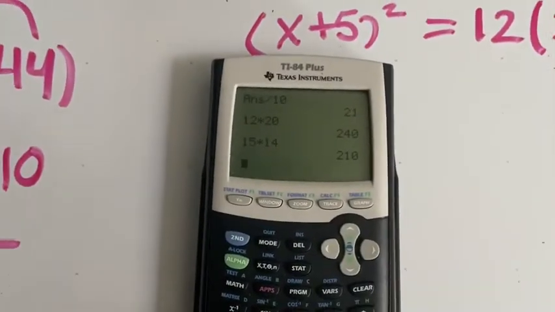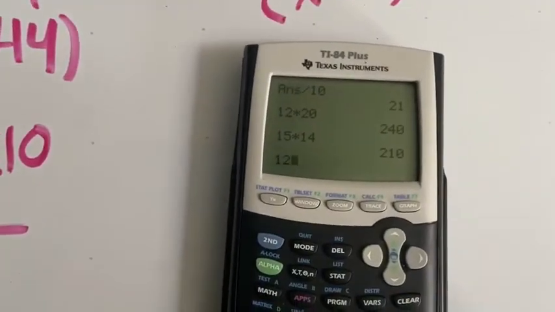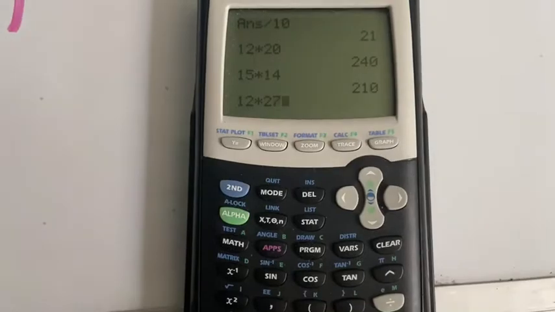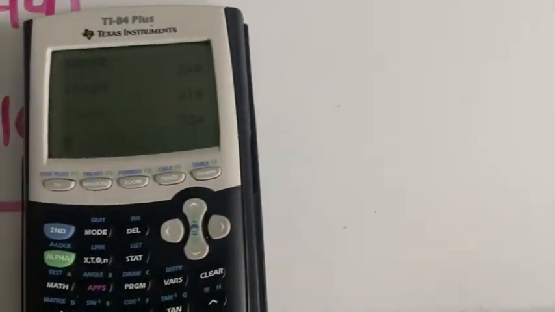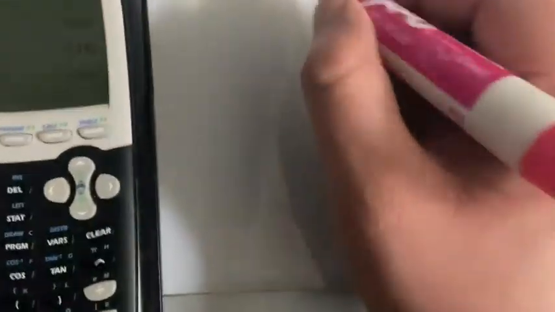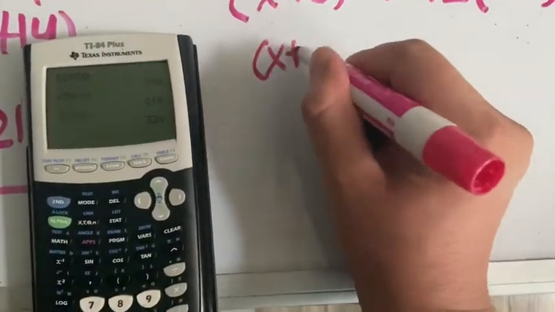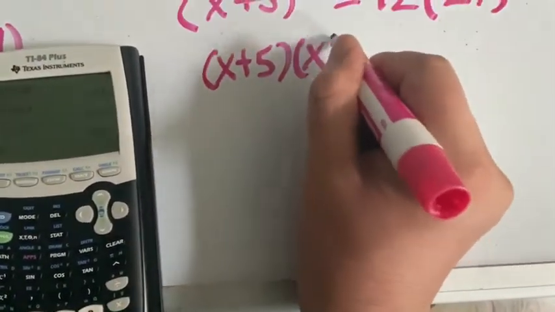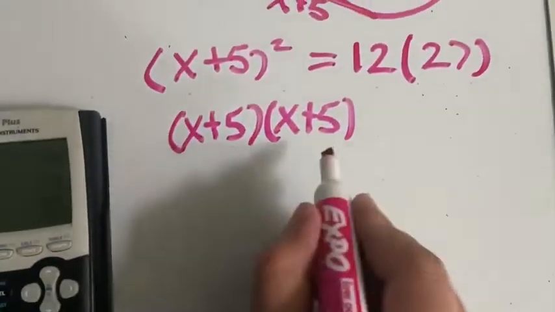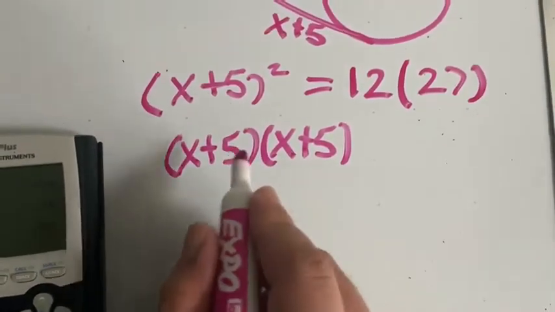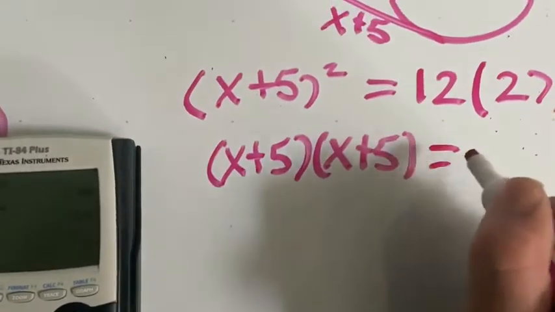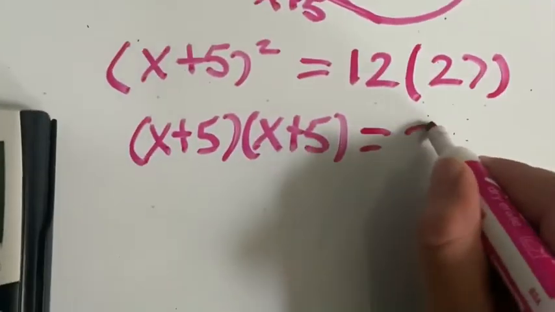And I'm going to do 12 times 27. That's going to be 324, right? So I'm going to have, now I'm going to rearrange this x plus 5 this way. It's still x plus 5 squared. I just wrote it out twice. And then I'm going to write 324.